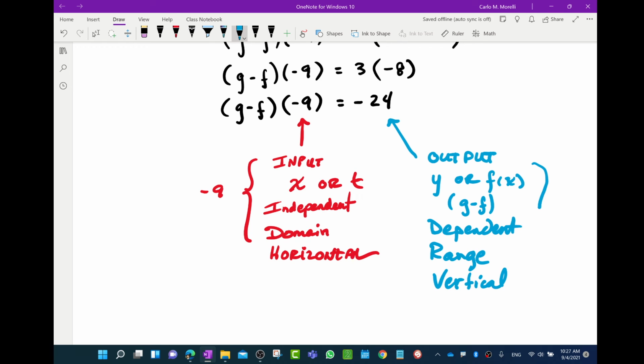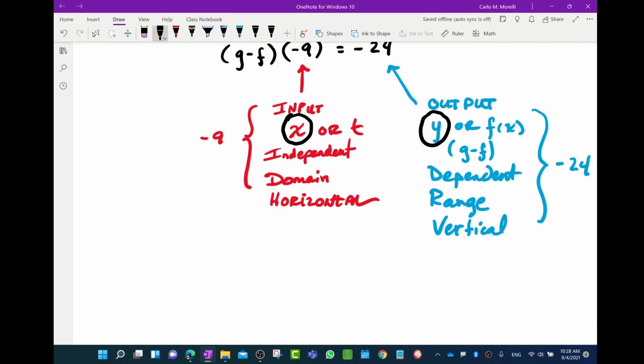So all of these things describe negative 24. The thing I want you to pay attention to is this is x and this is y. So if you put them together with a comma in between them, you have a coordinate pair.